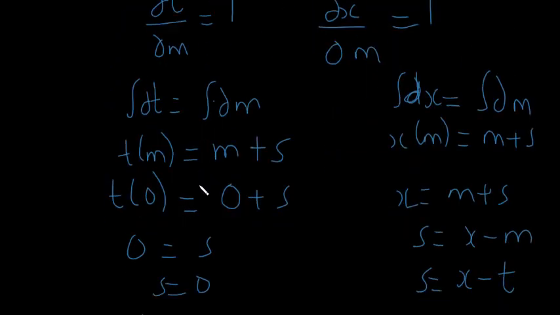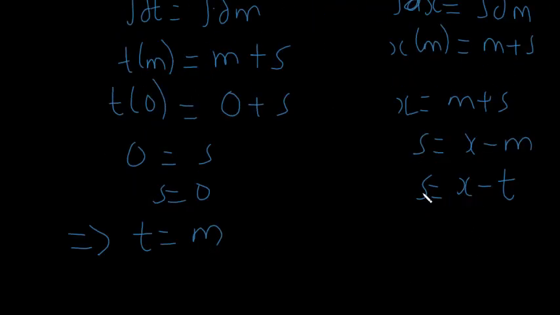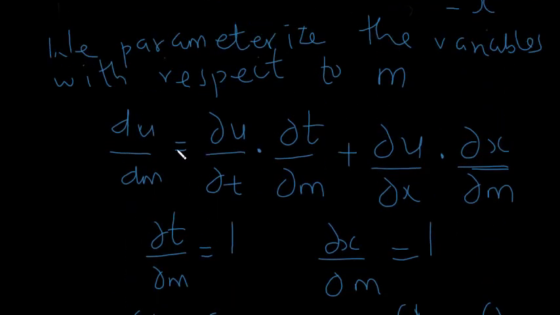So we have to know m and s in terms of our old variables x and t. So that's why I'm trying to make all the new variables the subjects. So my m is equal to t and my s is equal to x minus t, right?